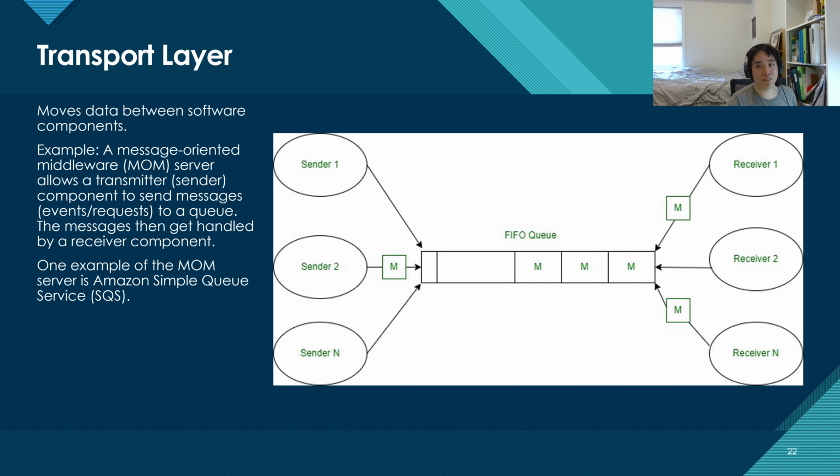I would like to show you an example called the Simple Queue Service, which is a type of MOM server available to you on AWS. Feel free to look it up. Let me see if I can find a way to look this up. Hang on a moment. Let me take out a window.